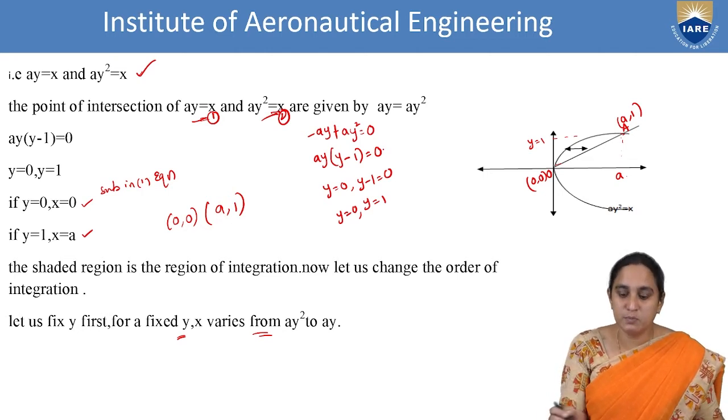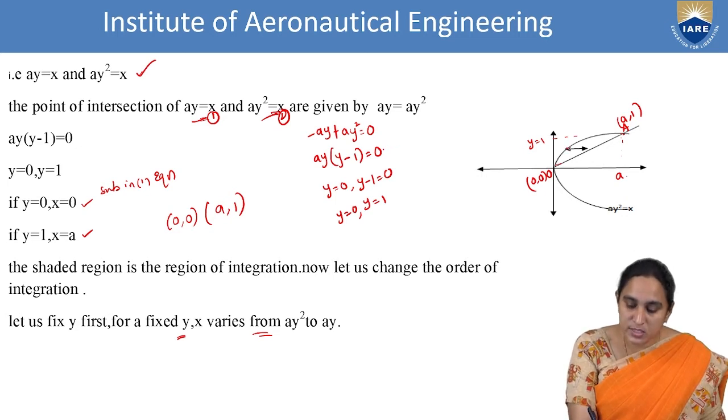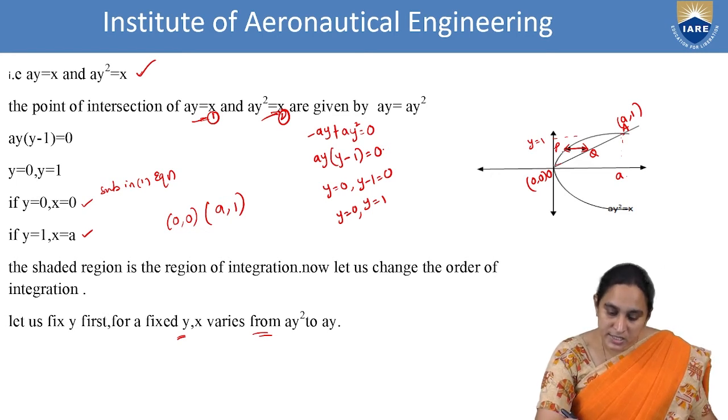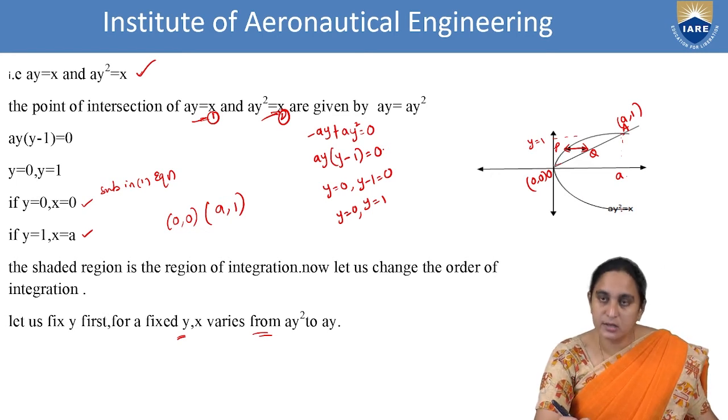How do I convert that? By using a horizontal strip, with points P and Q. What is P here? The P point initially touches the parabolic curve.